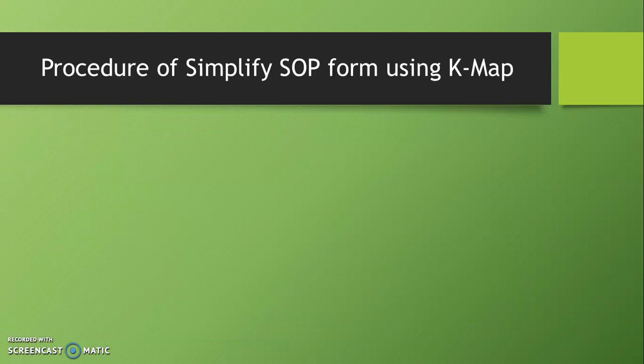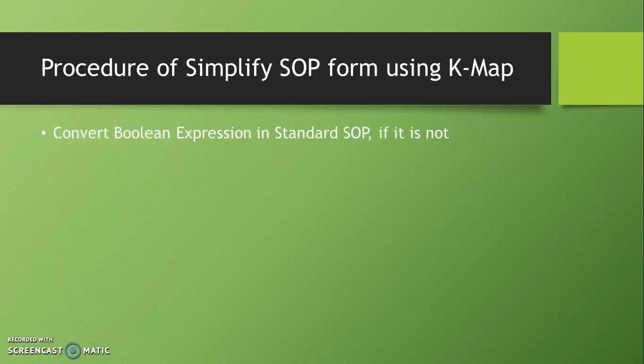Now let us understand the procedure to simplify the SOP form using K-map. Convert the Boolean expression to standard SOP. Sometimes we are given a Boolean expression in normal SOP form, but we will have to check first whether it is in standard SOP form or not. If it is not, then first we will have to convert it into standard SOP form.